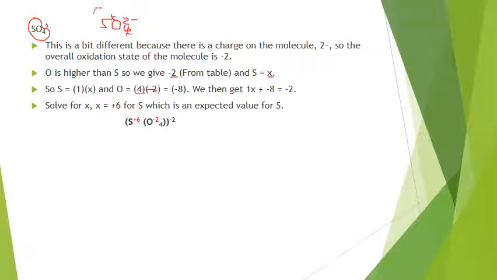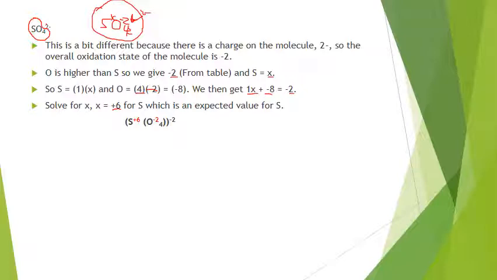Now this whole thing has a -2 charge. So we get 1x plus 4 times -2 equals -2, which is the overall charge of the whole ion. So sulfur X is +6.